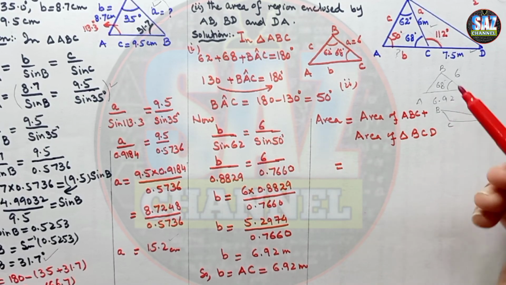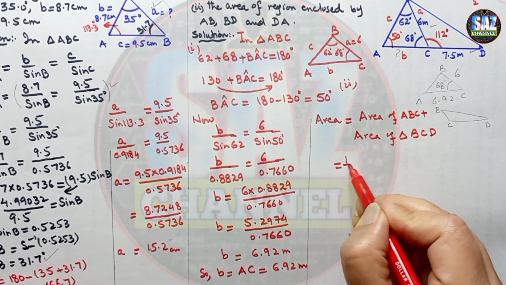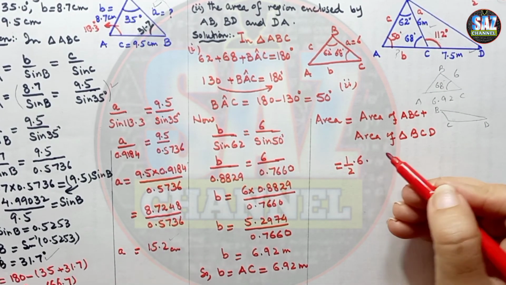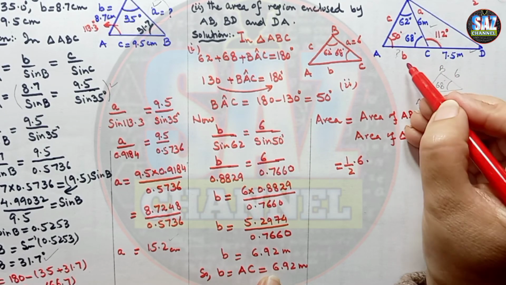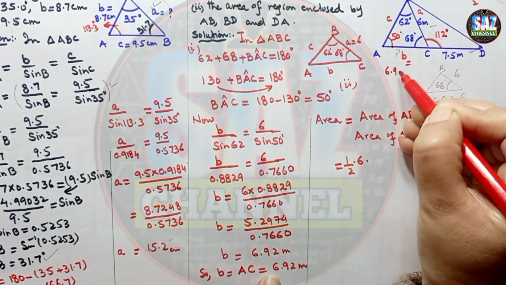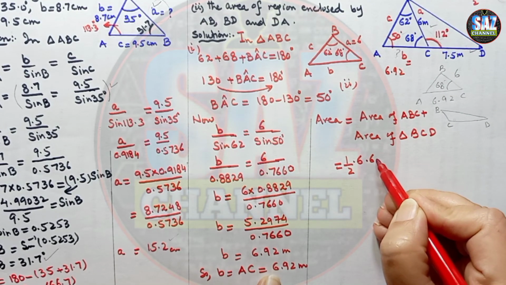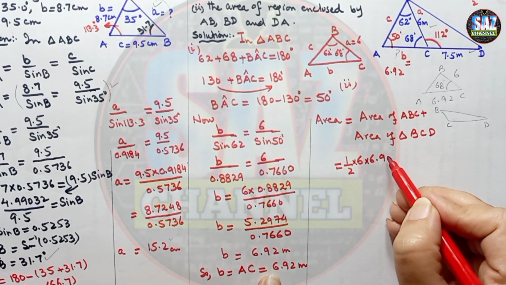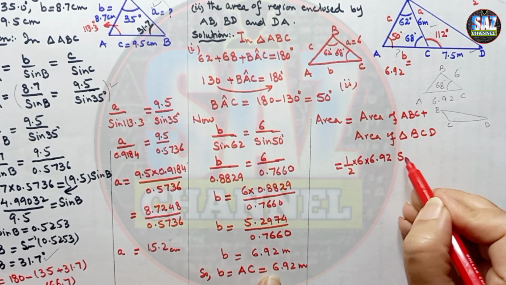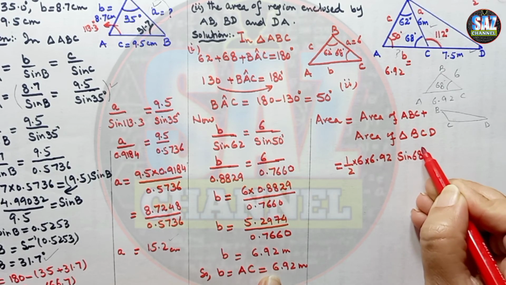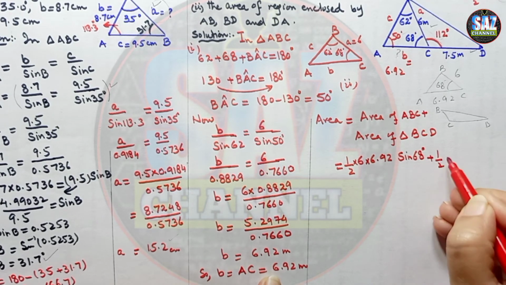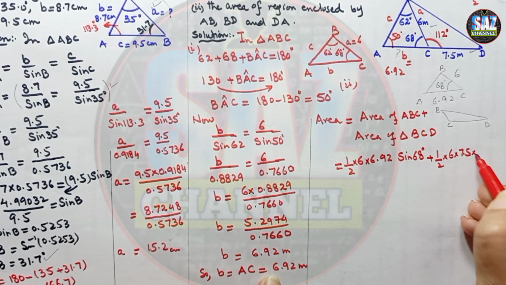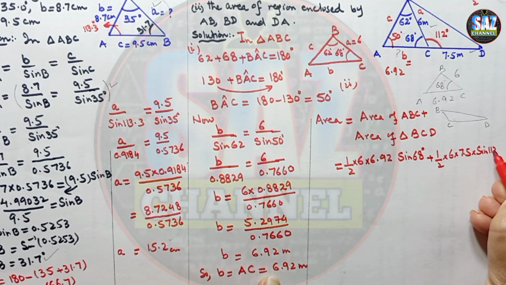Now for the area of triangle ABC, what we have to do is half into 6 into AC, that is 6.92. Let me make it a multiplication sign because we are involving decimals here, and sine 68 degrees, plus half into 6 multiplied by 7.5 into sine 112 degrees.